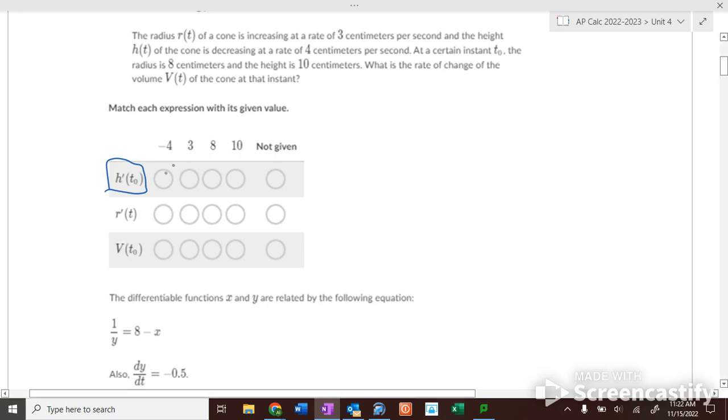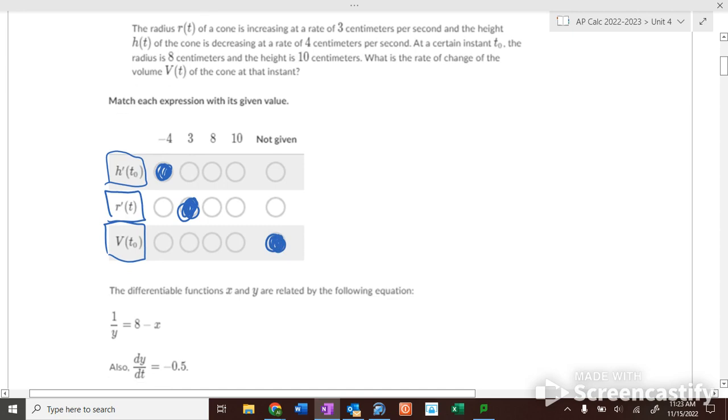And the height is changing at 4, so that's a negative 4. What's the first derivative of the radius? Well, that's the changing one, right? So that's 3. The volume, do we know what the volume is in this problem? No, it's not given. Okay.